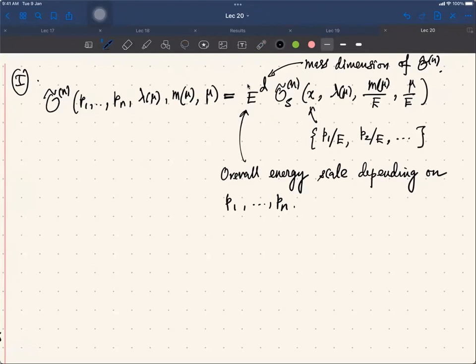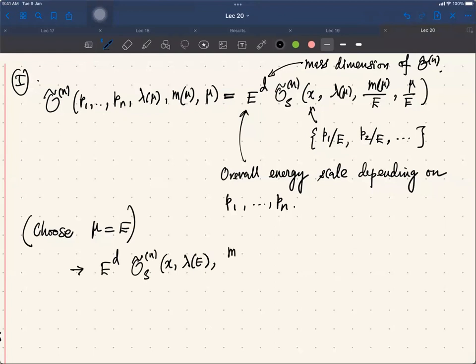Once one does that, E is now a physical scale, and mu can be interpreted physically by equating it with that scale. So once you choose mu equals E, the same result will be given by E to the power D times O tilde s of x, lambda as a function of E, m as a function of E over E, and 1.